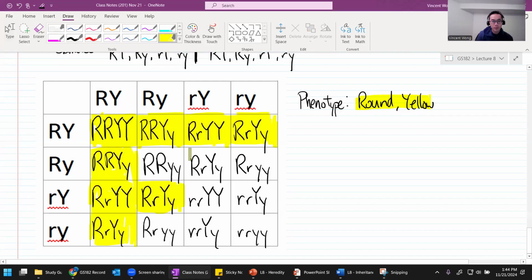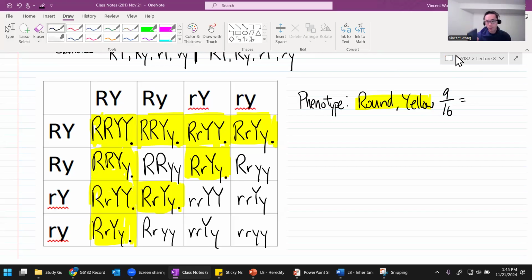Okay, that's also round and yellow. So that's 1, 2, 3, 4, 5, 6, 7, 8, 9. 9 of them will be round and yellow. And that's 9 out of 16. Which if you have a calculator, you can plug it in. 9 divided by 16, that is 56.25%.